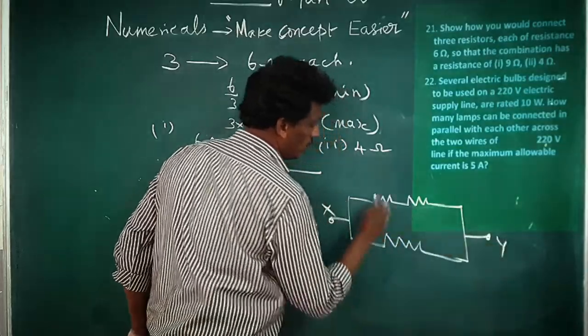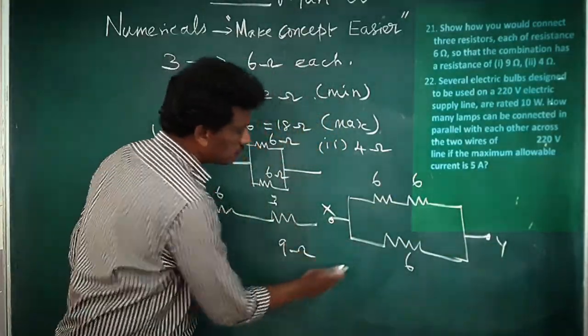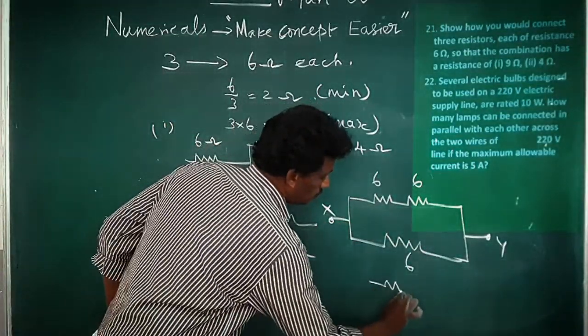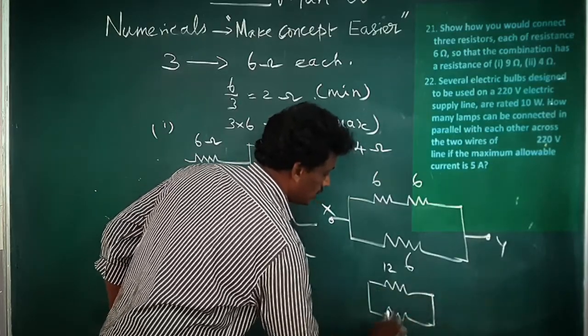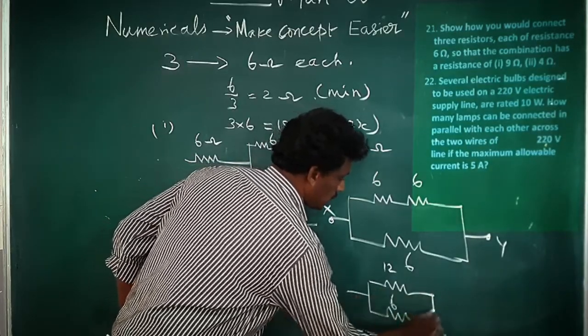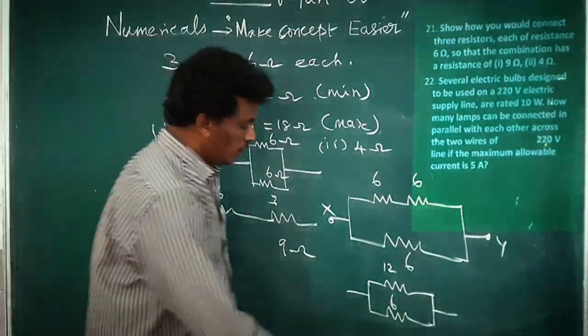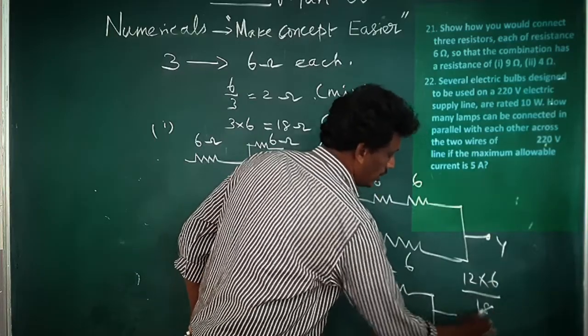Yes, 1, 6, 6, 6. What will happen now? These two are in series. What are you getting? 12 ohm. Here 12 ohm. Here what do you have? 6 ohm. That's all. Now 6 and 12 ohm, how are they connected? Parallel. So 12 into 6 upon 18.